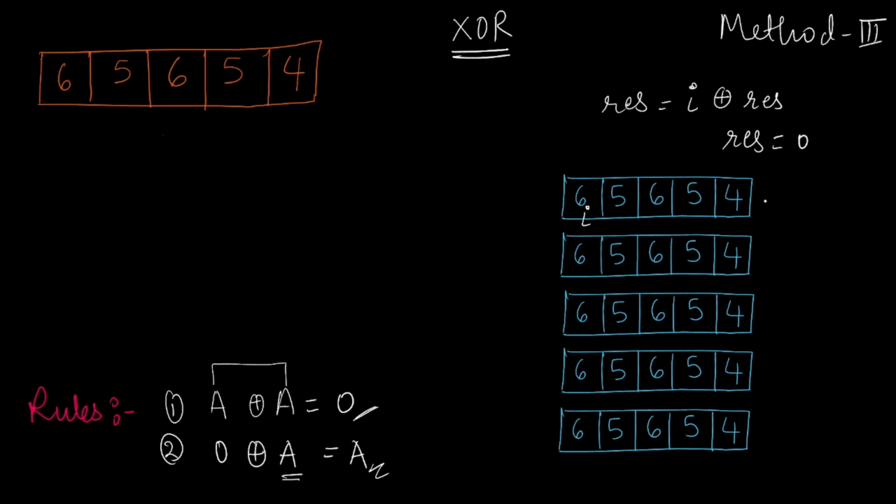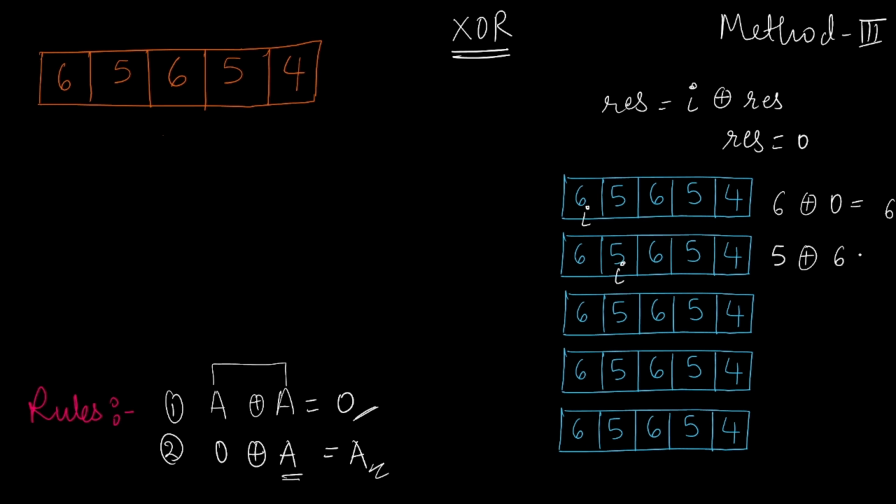So now 6 XORed with 0, the result is going to give me the number 6 itself, right?